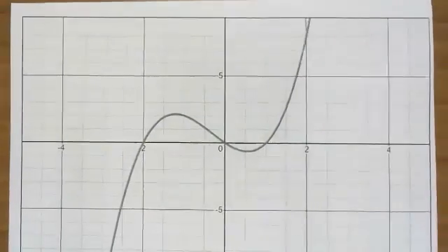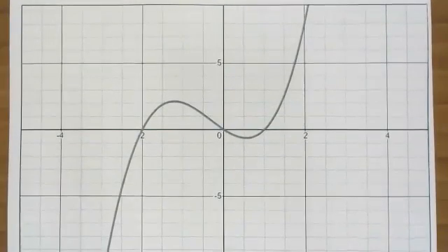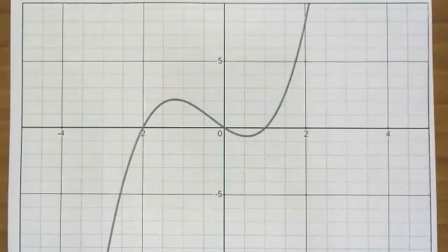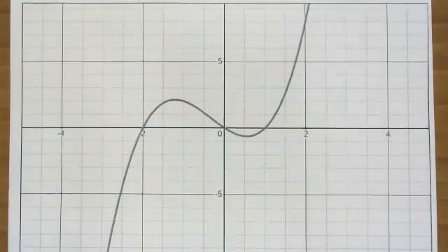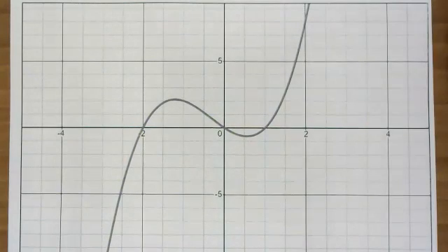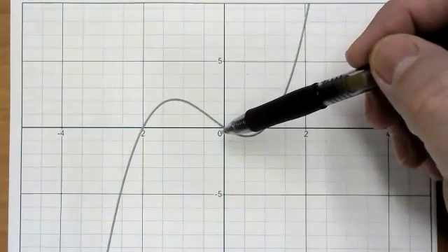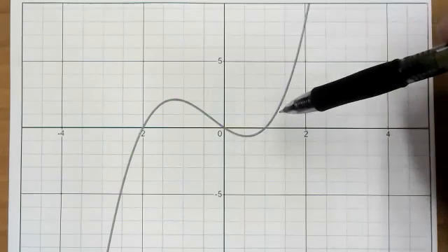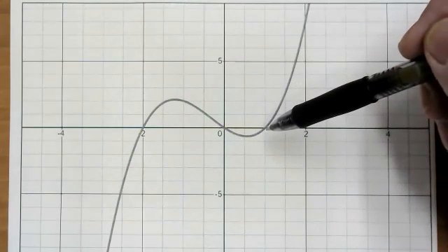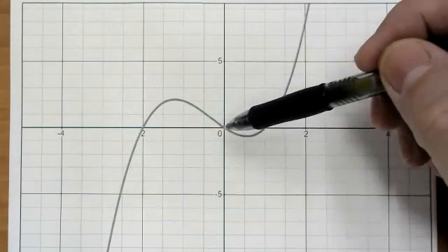If you were asked to give the intercepts, it'd be pretty straightforward, right? Here's an x-intercept when x is -2, when x is 0, when x is 1, and then a y-intercept.